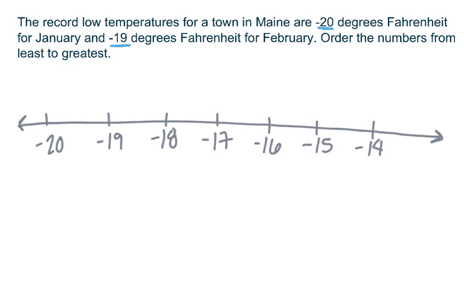Since we know both our numbers are going to be negative, I only drew a number line that will show both negative 20 and negative 19. So, negative 20, let's find it on our number line. That is for January, and negative 19 is for February.